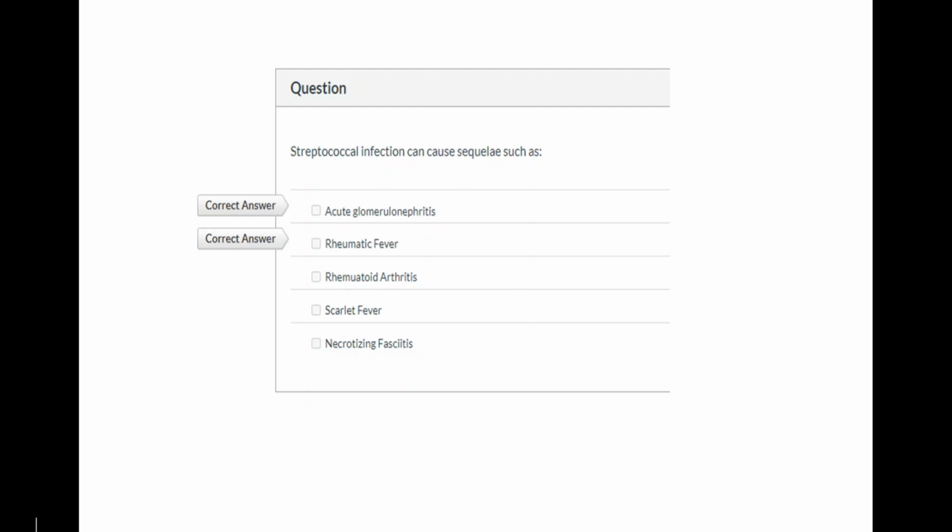It's not rheumatoid arthritis. Rheumatoid arthritis is an autoimmune mechanism. Scarlet fever is a manifestation of a streptococcal infection but not a sequela. And the same thing with necrotizing fasciitis, because necrotizing fasciitis is also a manifestation of a streptococcal infection and not a sequela.